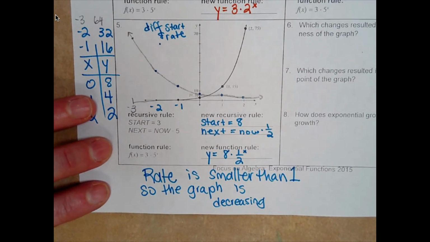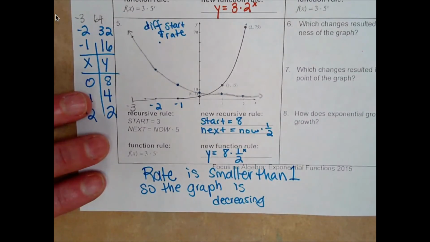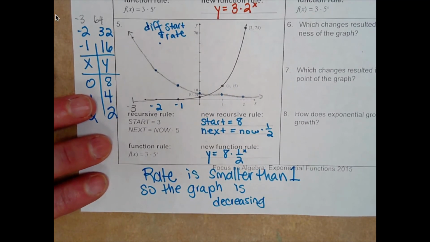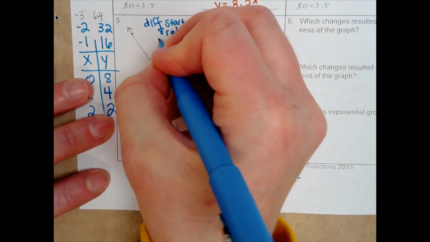Would this be more of a stretch or compression? Stretch. If it's stretched, it's going up faster, increasing faster. Is it increasing faster or slower? It's not increasing at all. Oh yeah, it's decreasing. So it's kind of like a reflection.